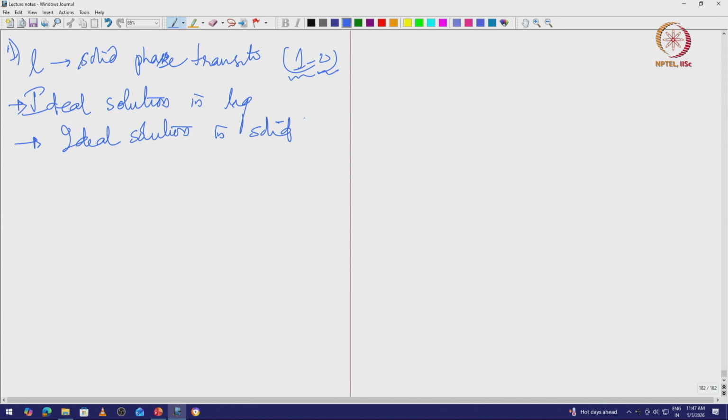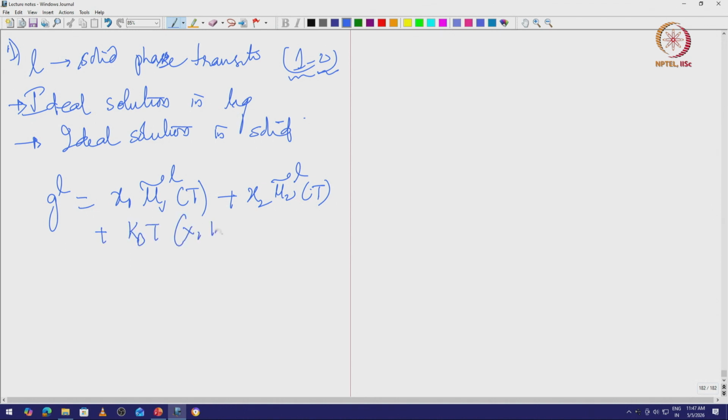Now, what is an ideal solution? I am just going to write that G of liquid is equal to x1 mu 1 tilde of liquid, that is pure, which is of course dependent on temperature, plus x2 mu 2 tilde of liquid at that given temperature, plus kBT (x1 ln x1 plus x2 ln x2).